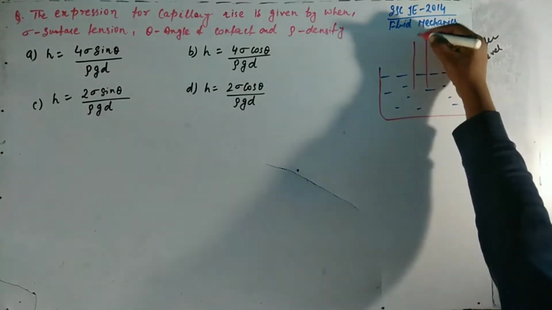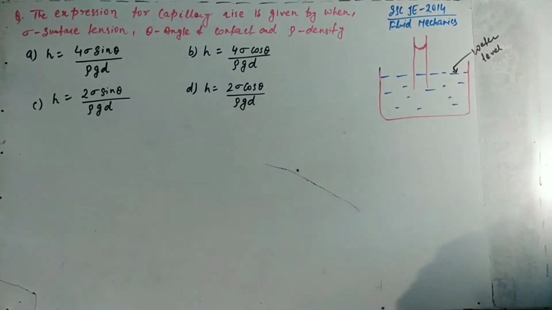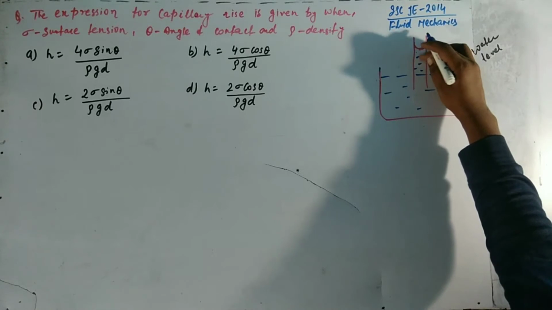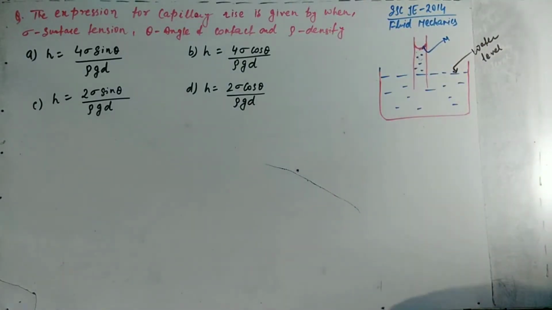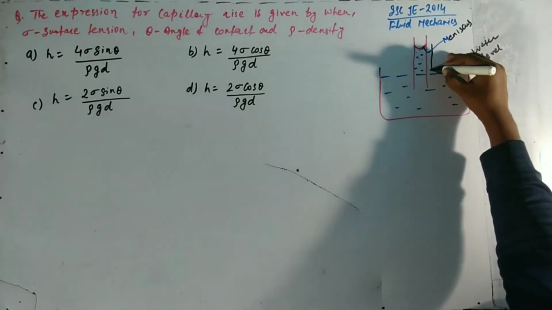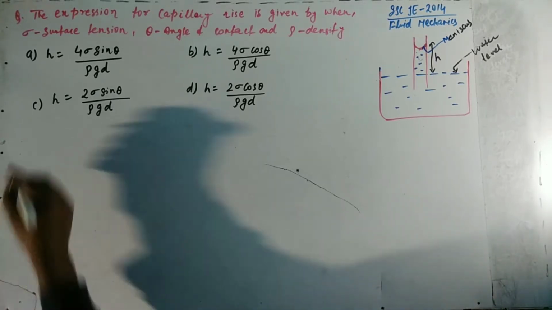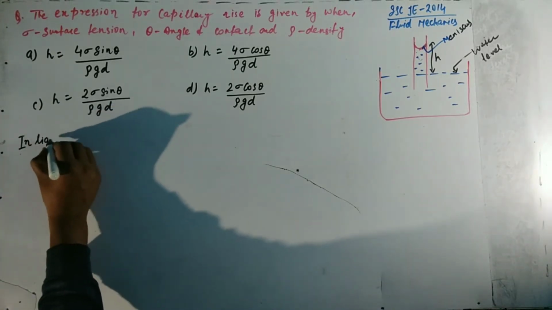One tube is inserted in the vessel, and this is the meniscus of the tube, at which the water level rises. This rise in the water level is called the rise in height of water level, and it is also called capillary rise. So now we find what the capillary rise is.